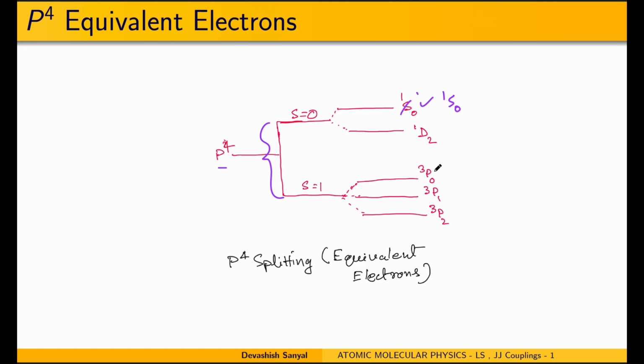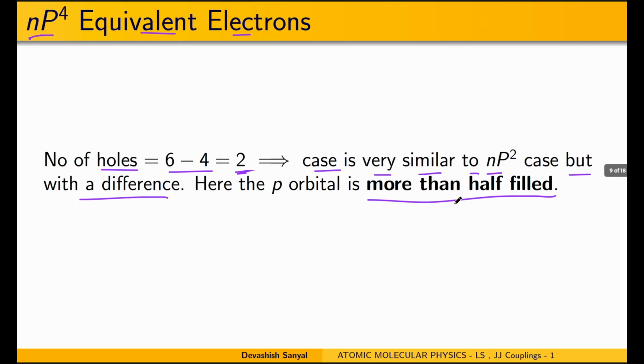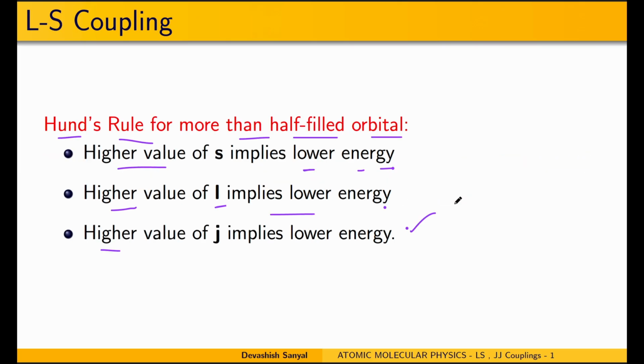Here you can see it is different, because the P's are different, so the difference in energy is due to the different total angular momentum. And for Hund's rule, in this case, we know this: higher the value of J, lower the energy.